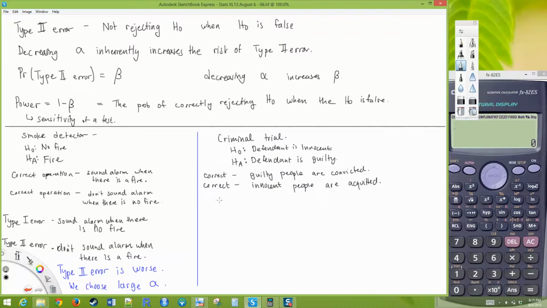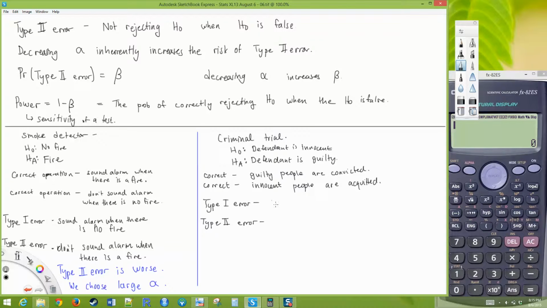So these are correct. These are examples of the justice system working. But we can have type 1 and type 2 errors also. Okay, we can have two types of mistakes. We don't want to make either mistake, but they happen.